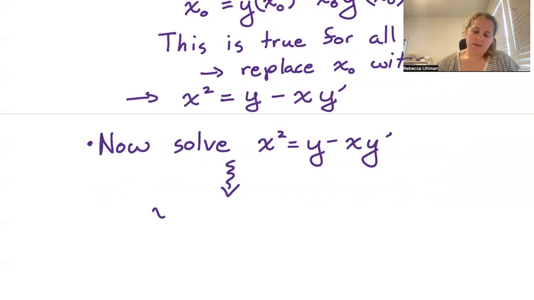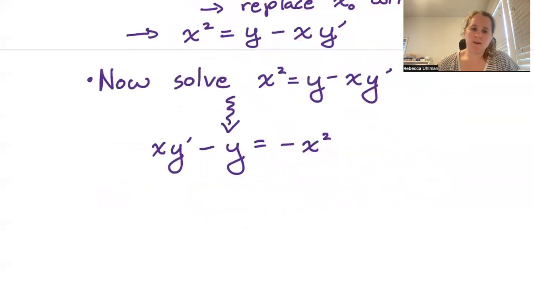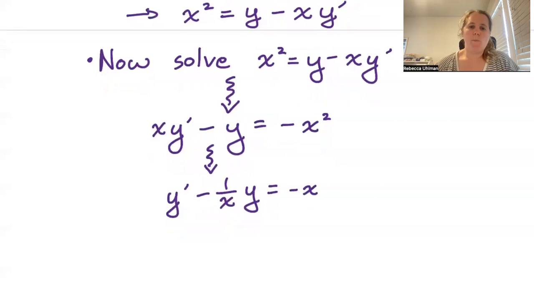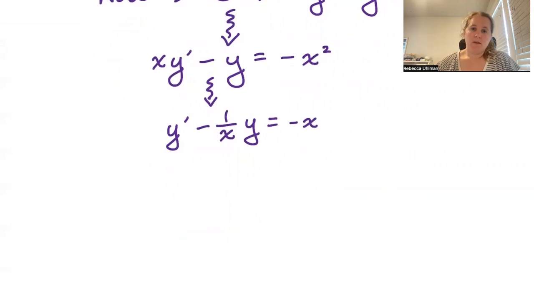So we can rewrite this as x times y prime minus y is equal to negative x squared. This we can then rewrite as y prime minus 1 over x times y is equal to negative x. This is a linear, non-homogeneous first order equation.